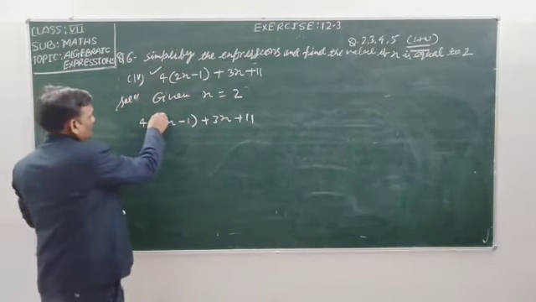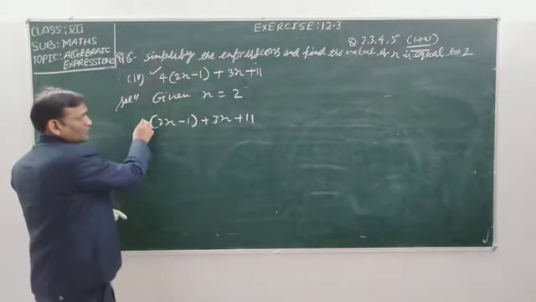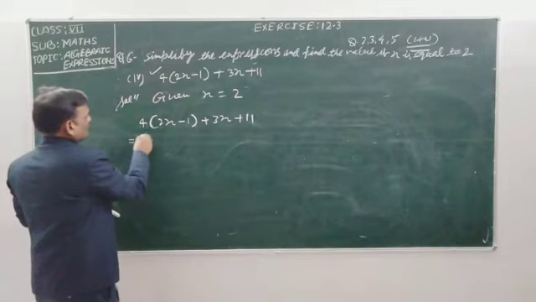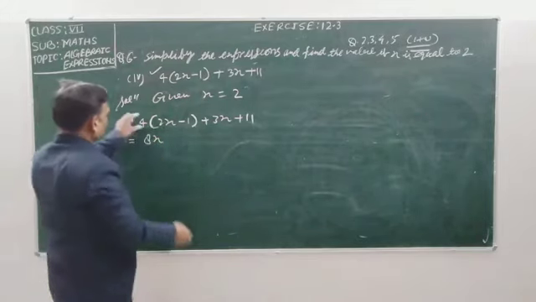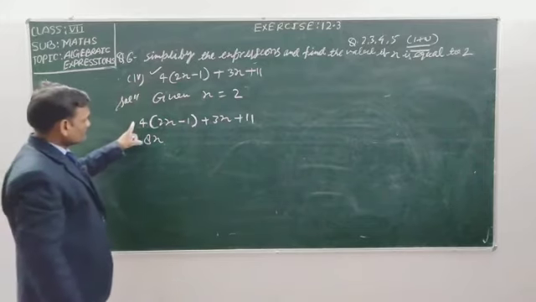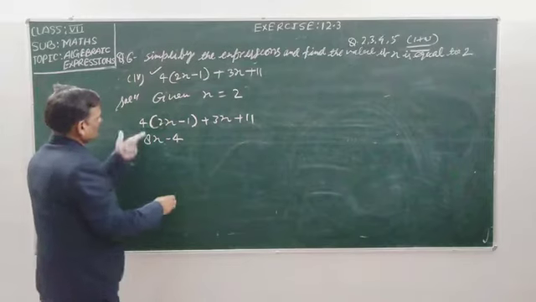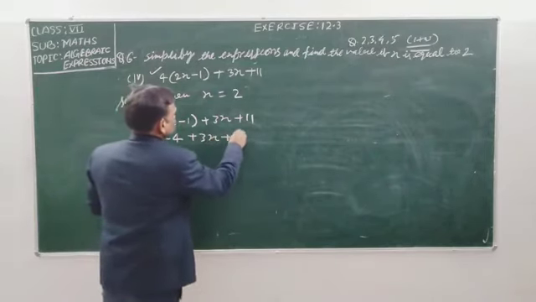So, for removing the bracket, we have to multiply by 4 inside the bracket. 4 twos are 8x, and 4 times minus 1 gives minus 4, plus 3x plus 11.